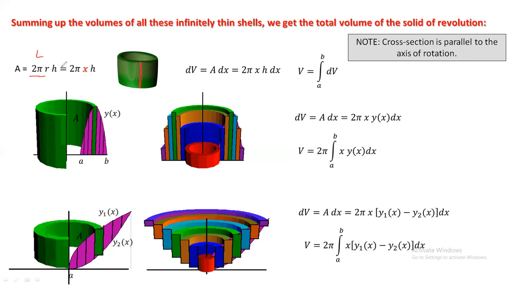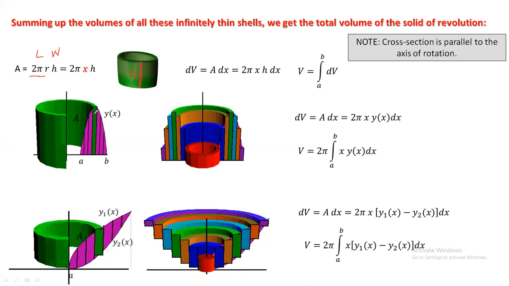The width of your rectangle is the height. This is the height. This is the circumference. This entire thing is the circumference. So now you have 2 pi h representing the height of your cylinder or your tube, and this x as the, what is the x of this rectangle?